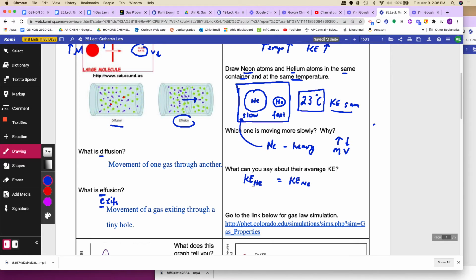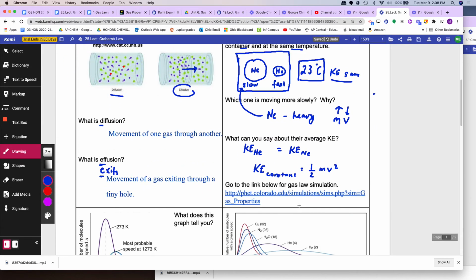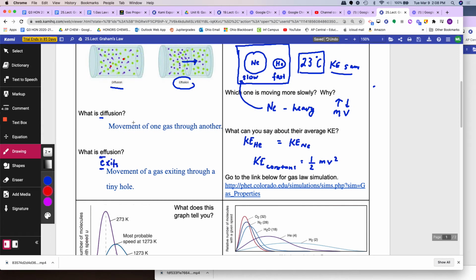Okay, so you might wonder, well, why are they moving different speeds? Because kinetic energy here is constant, because they're in the same container, and is equal to 1/2 mv squared, as given up here in the formula for kinetic energy, which means if your mass goes up, then the velocity has to go down to make it equal the same kinetic energy.